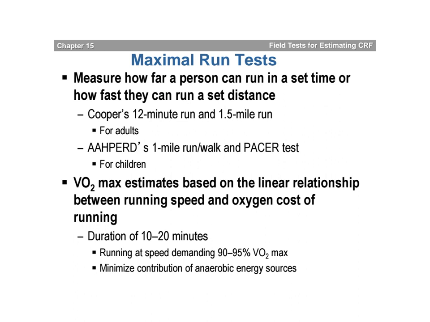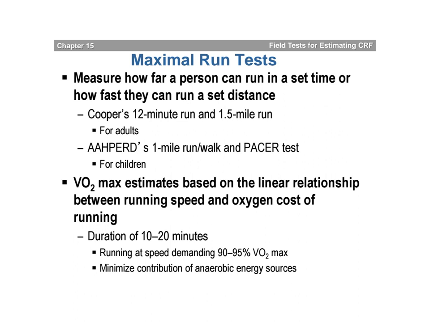So some of the tests that work well for adults don't work as well for children. So some tests have been developed to work with children. So there's the AAHPERD's 1 mile run walk. AAHPERD stands for American Alliance for Health, Physical Education, Recreation, and Dance.